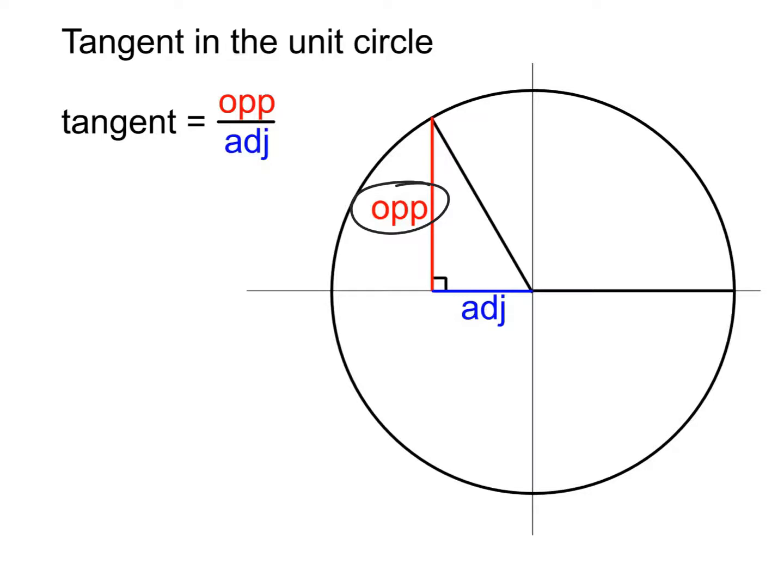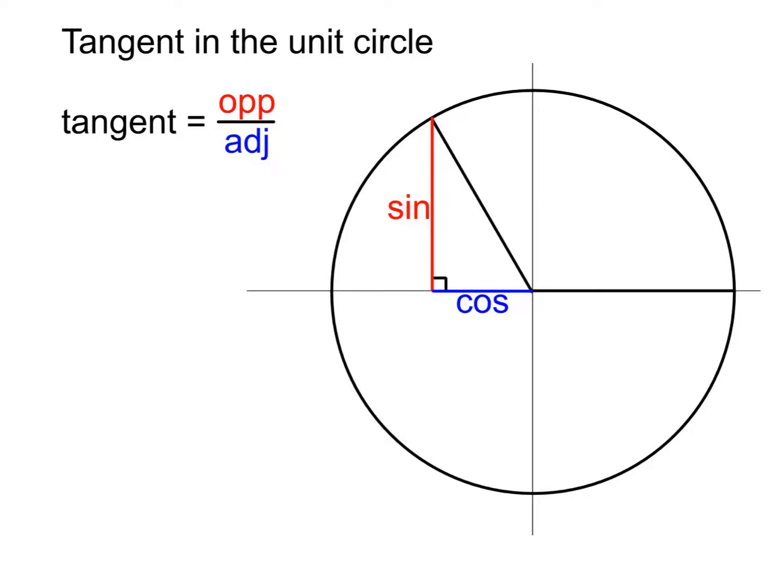For instance, how do we calculate the opposite? Remember the opposite is that y value, so it is sine. And the adjacent, that's cosine. And those gave us those side lengths.